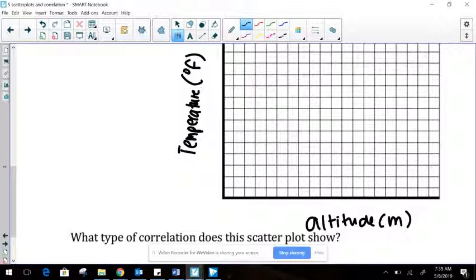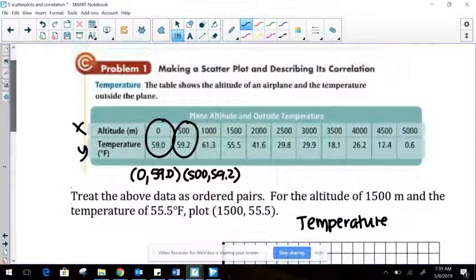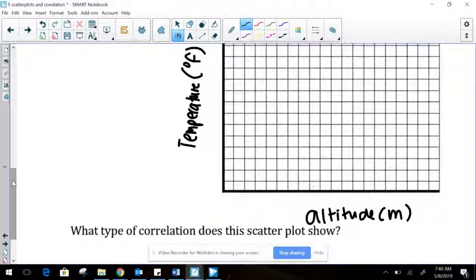All right, now we have to evenly space both axes. So I need to go on the X axes. If you scroll up here, my X range from 0 to 5,000. So I should count the lines that I have on this graph. There's 20 lines.